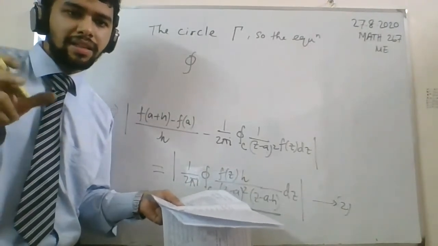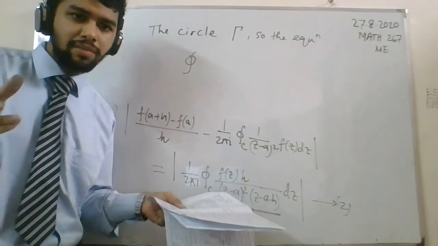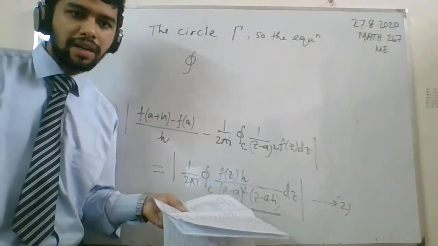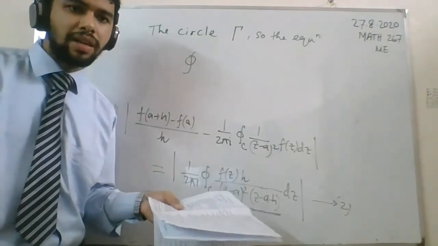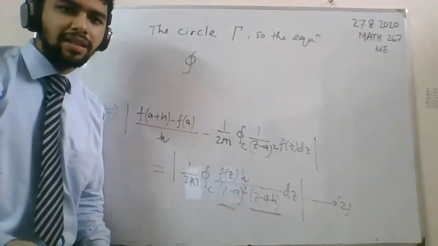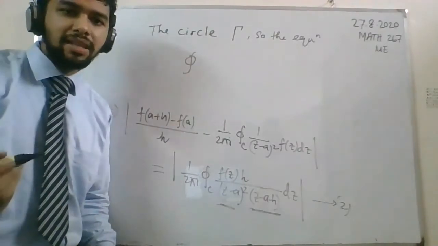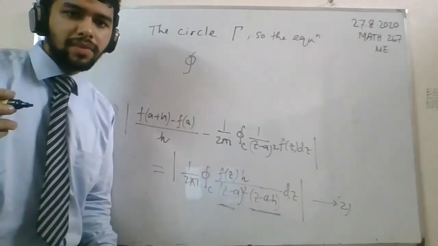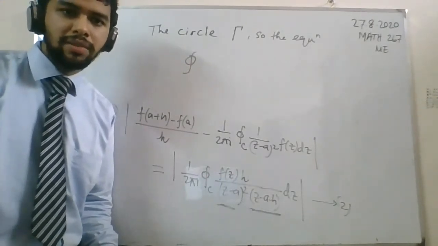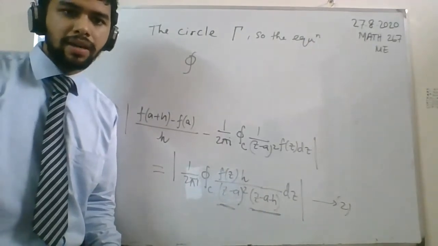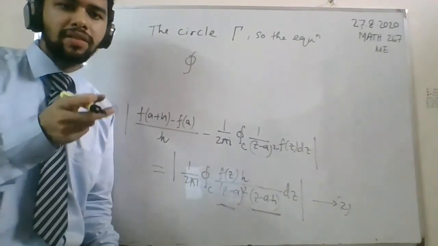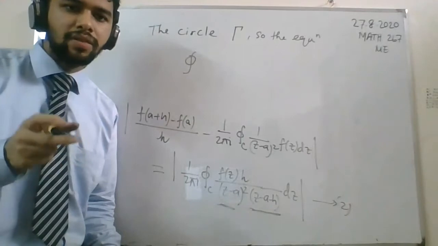For a complex number, in that case we can denote the circle as modulus of z minus a equals r. And modulus of z minus a minus h can also be written as modulus of z minus a minus modulus of h. We have to find the values of these two. We know modulus of z minus a is r, and also modulus of h is less than r by 2. Applying these two, you can find the result, which is r by 2.